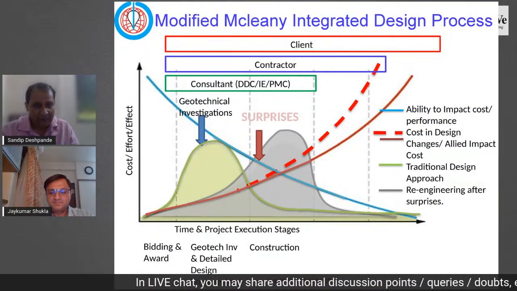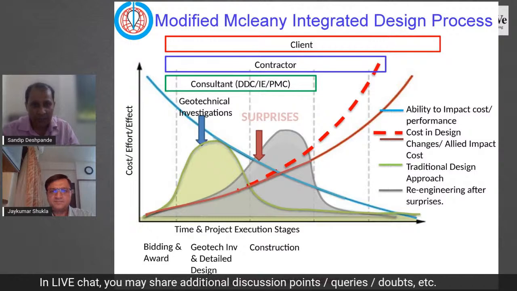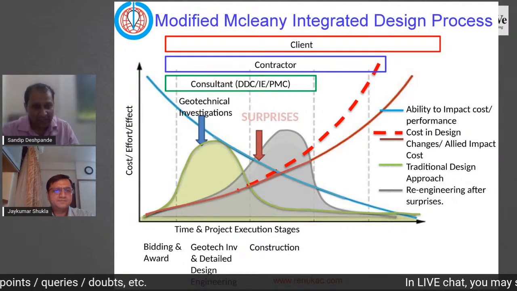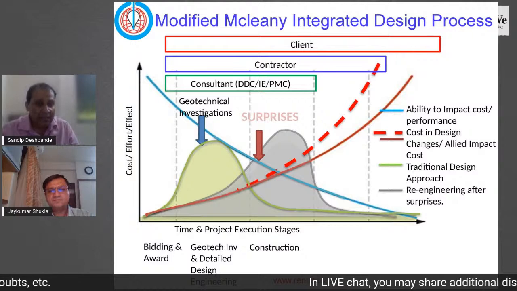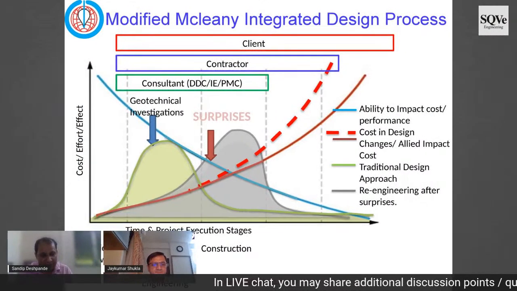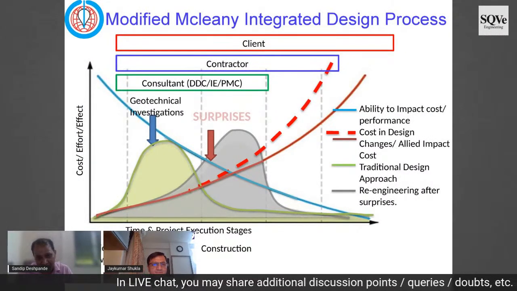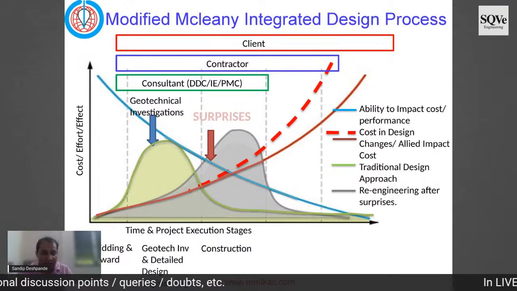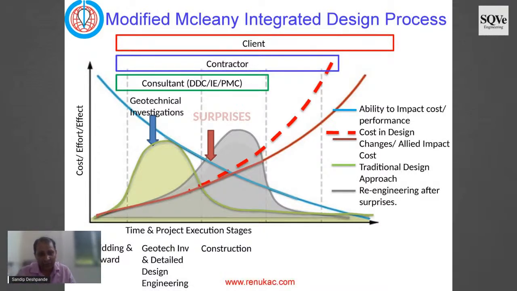Generally, the investigations start at inception, and once we have some surprises, there is an extensive review of cost, an escalation in cost, where mitigating measures have to be taken, and these surprises eat away significant time and resources for everyone.